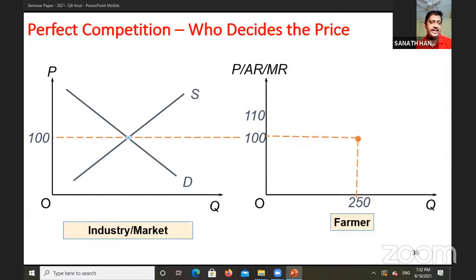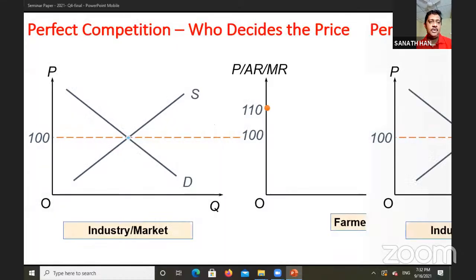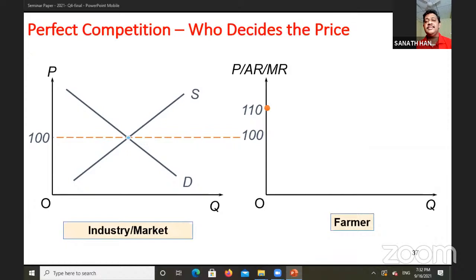People don't buy. So if the price is 110, quantity demanded comes down to 0. No demand. The seller cannot sell the product. That means the consumer is willing to pay only 100 rupees.